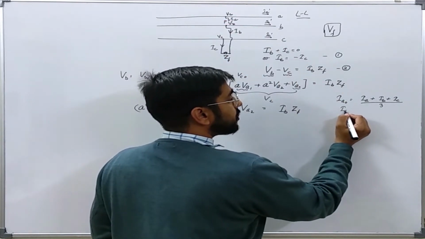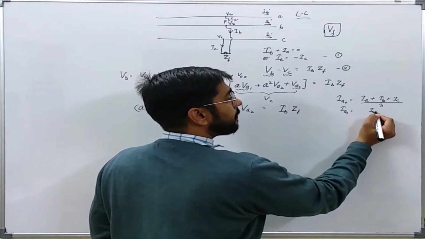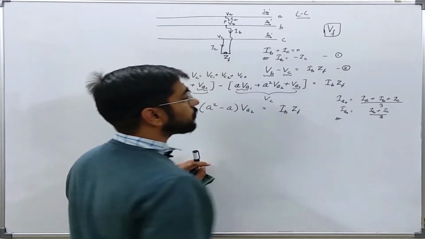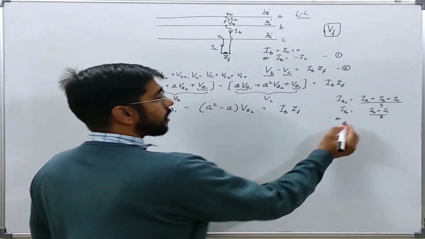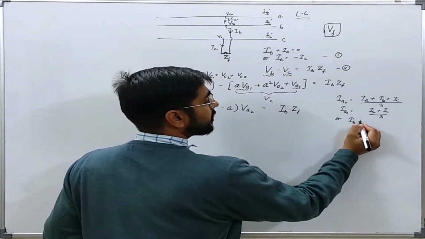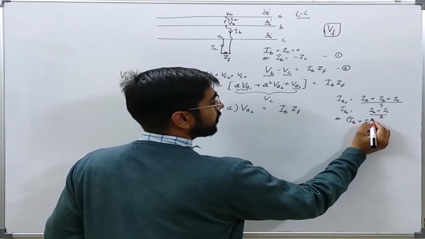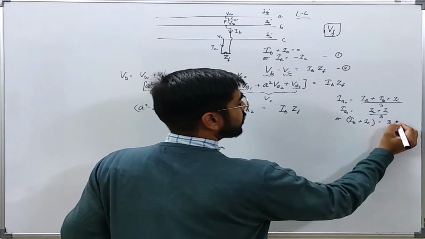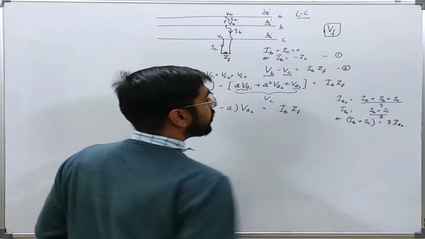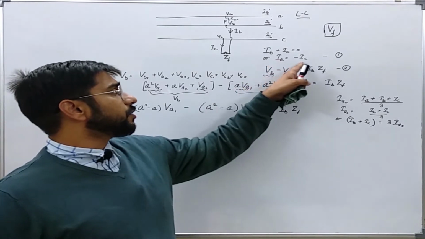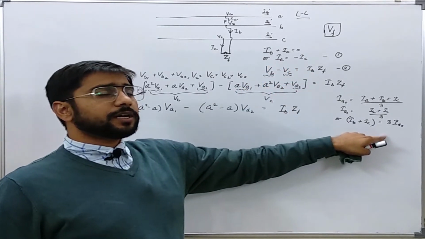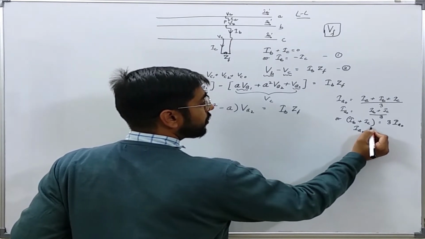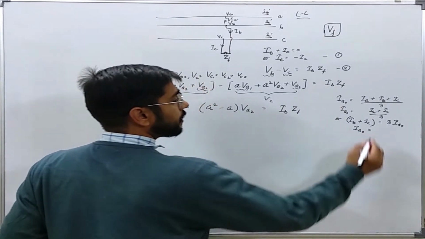So IA0 is equal to IB plus IC over 3, or IB plus IC is equal to 3 times IA0, and we also know that IB is equal to minus IC, so IA0 is equal to 0. So we know now that IA0 is equal to 0.